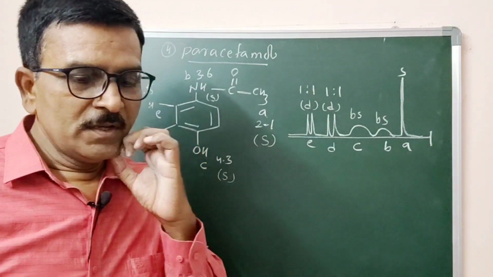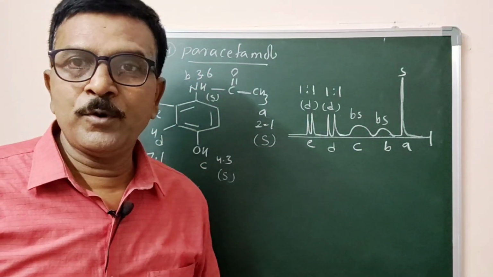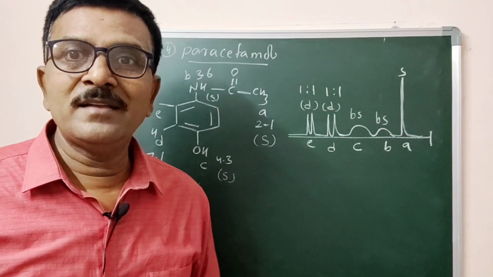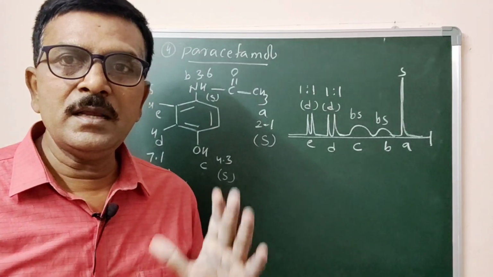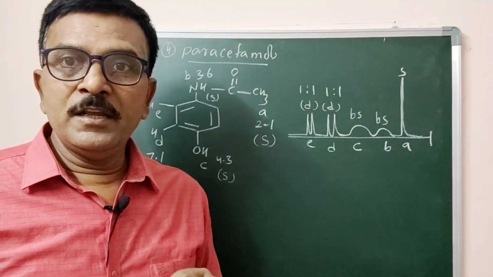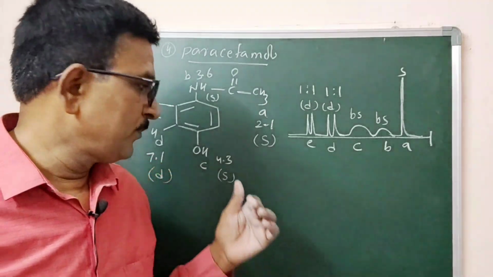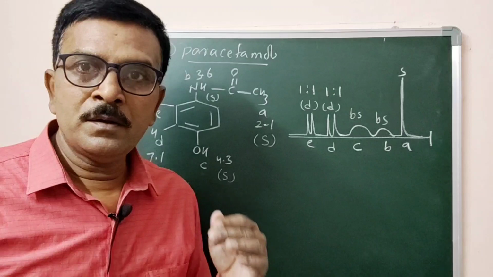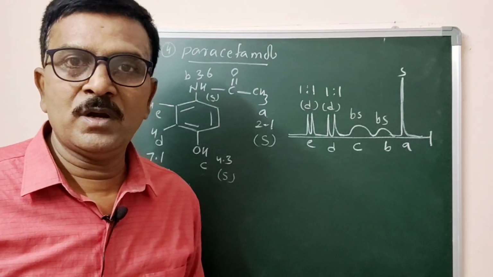Now here, OH proton and NH protons appear as a singlet, but with broadness. The signal appears as a broad one. That is, a molecule which contains a labile proton like OH proton, NH proton, SH proton and carboxylic acid proton.